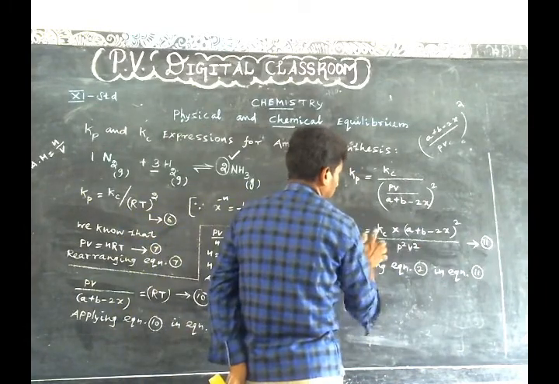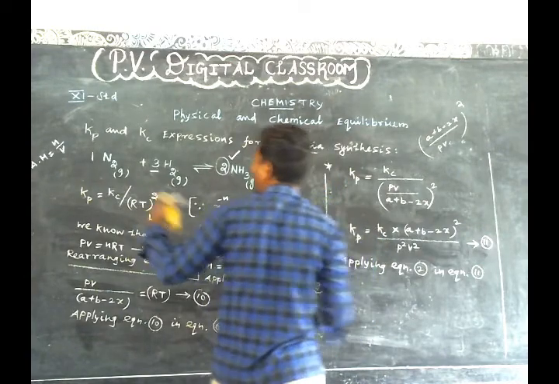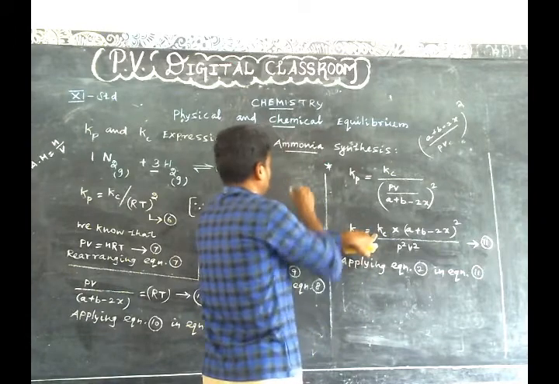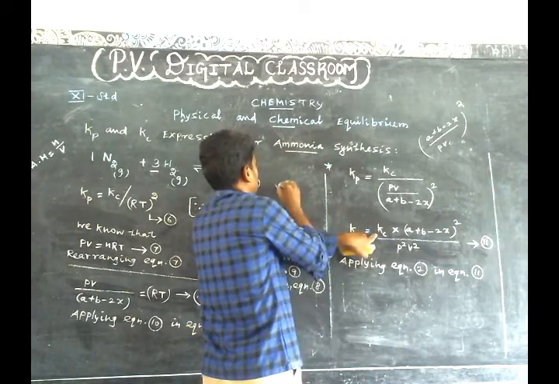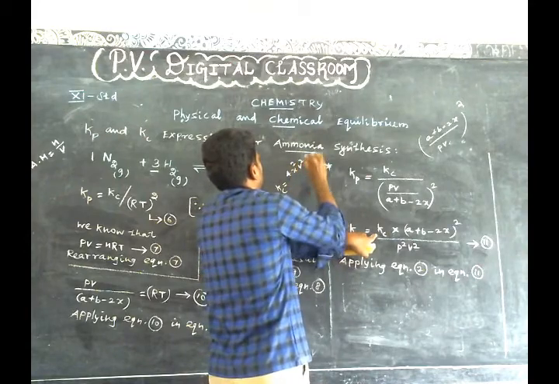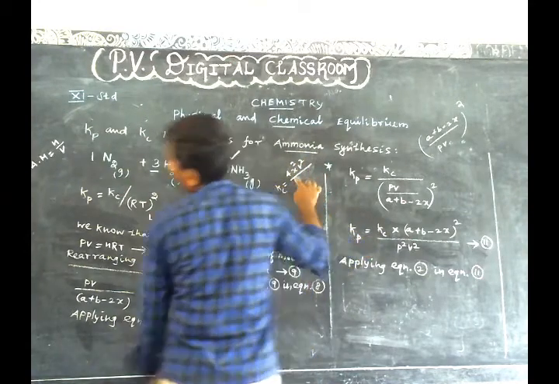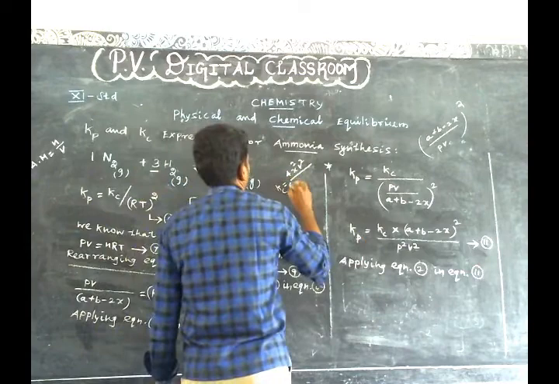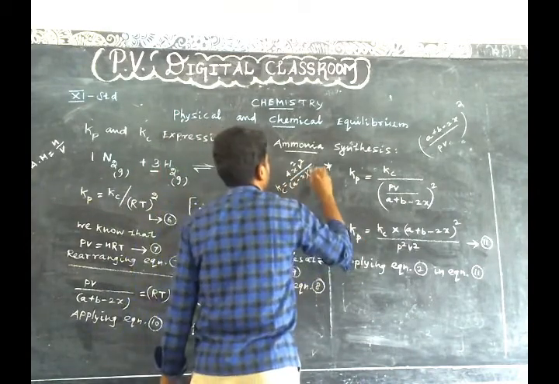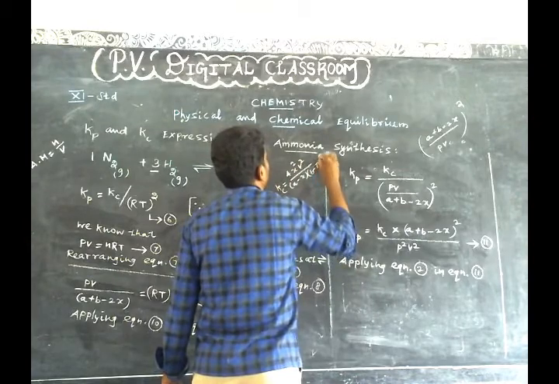From equation number 2, the Kc value is 4x square into V square divided by A minus x into B minus 3x whole cube.